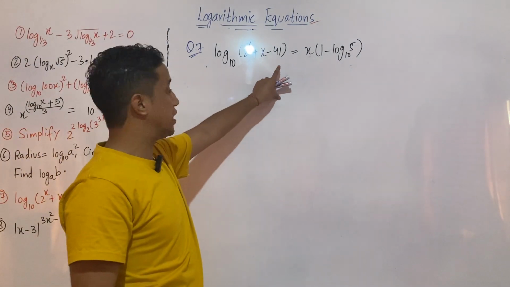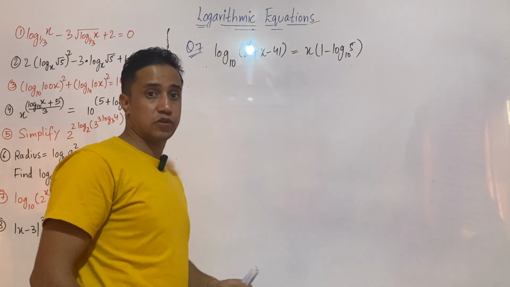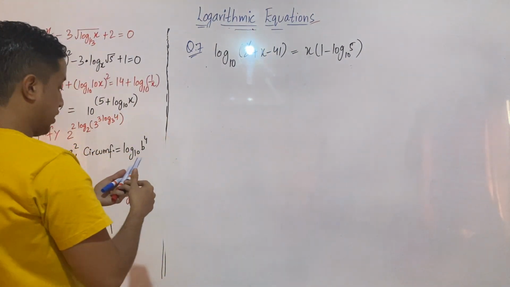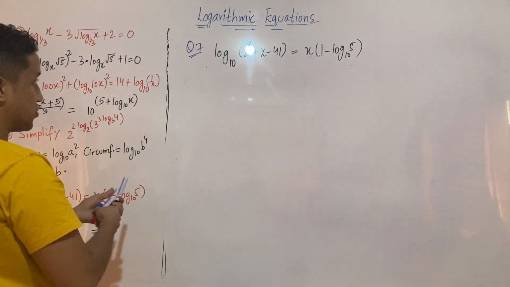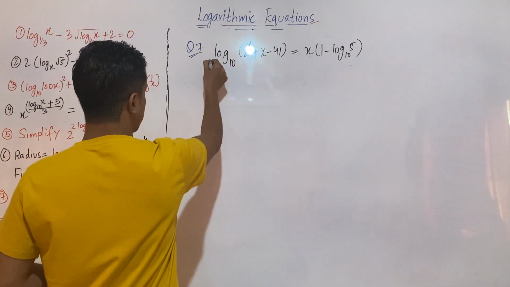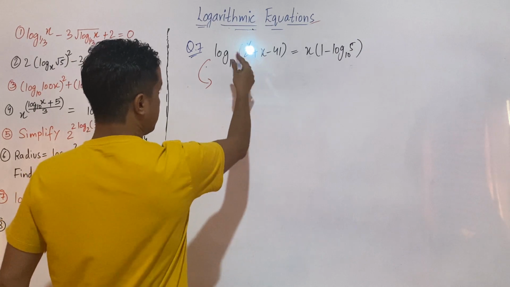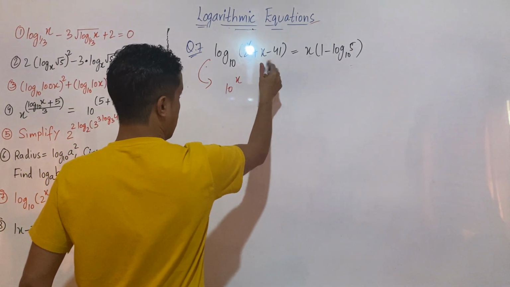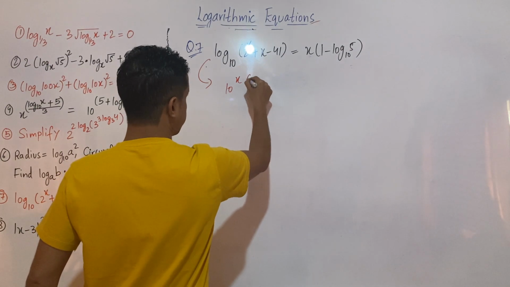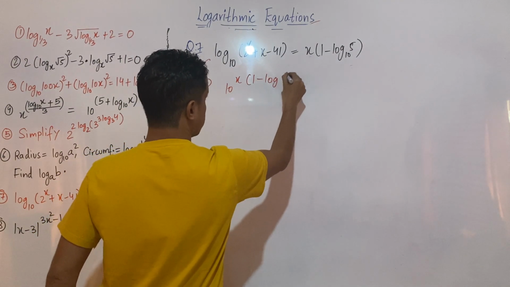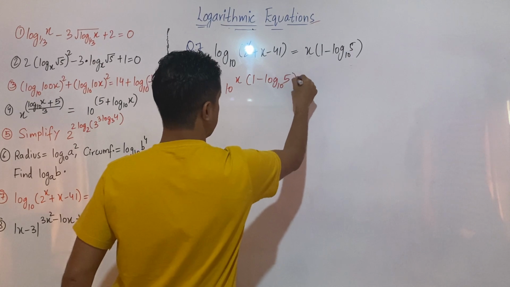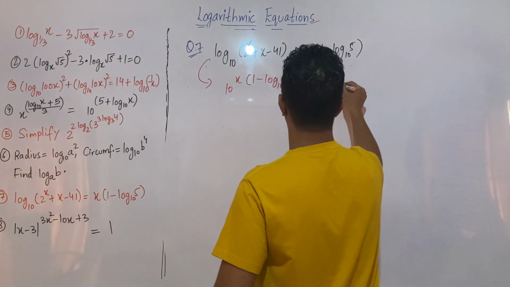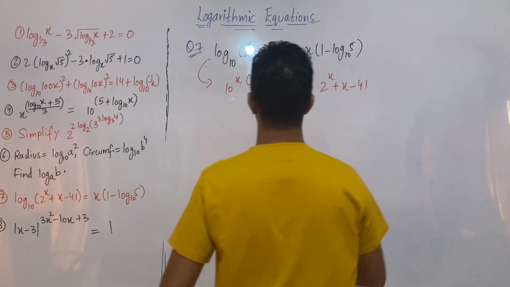This is written in log form. So what if I change this into the exponential form, right? So the exponential form, it would be 10 raised to x into 1 minus log 5 to the base 10 equals 2x plus x minus 41.